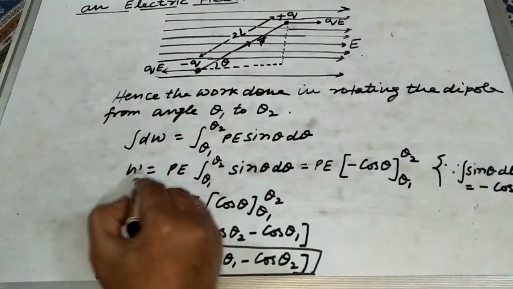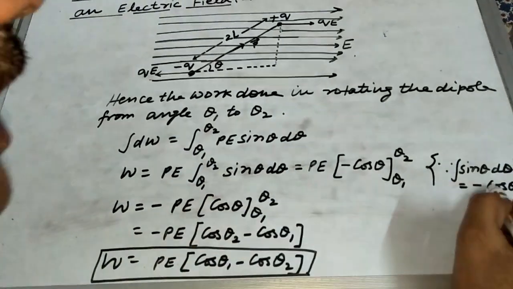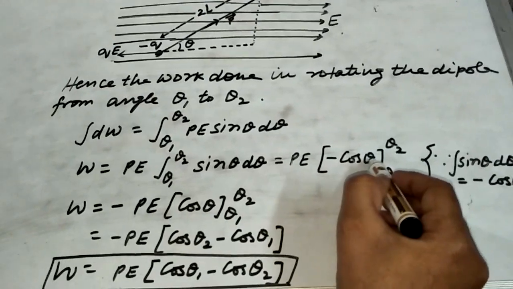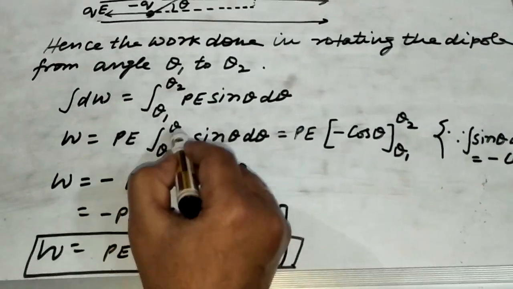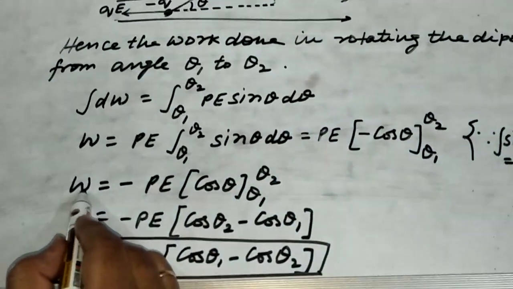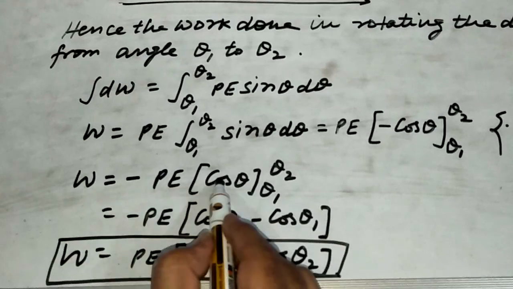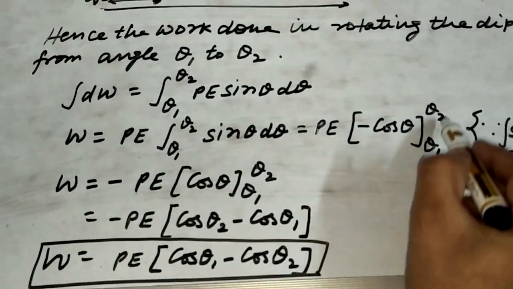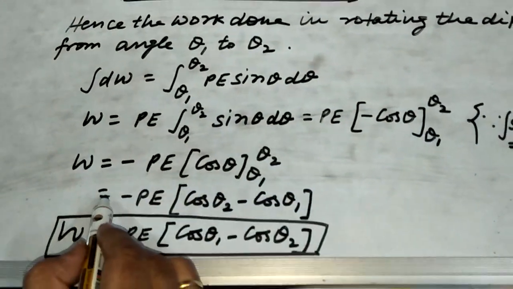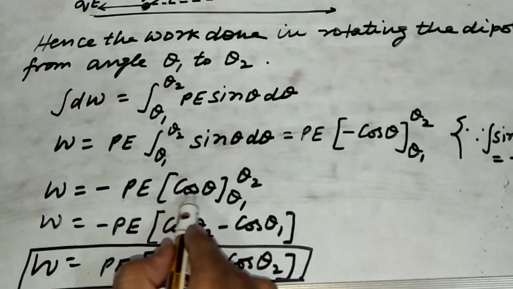So W = PE times minus cos theta, with limits theta 1 to theta 2, from initial position to final position. Taking the minus sign outside, W = minus PE cos theta from theta 1 to theta 2.